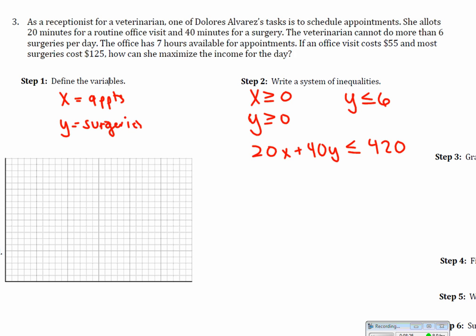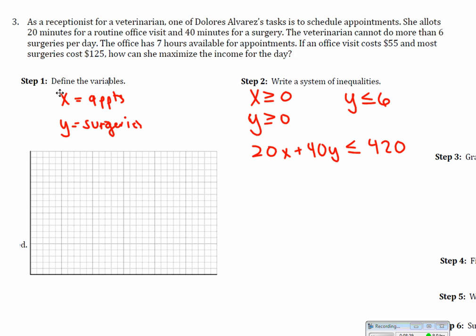So now let's do a quick look. Do I have any other ones to go off of? Not really. So x is at least 0, y is at least 0. Let's take a look at our graph here. So y is less than or equal to 6.